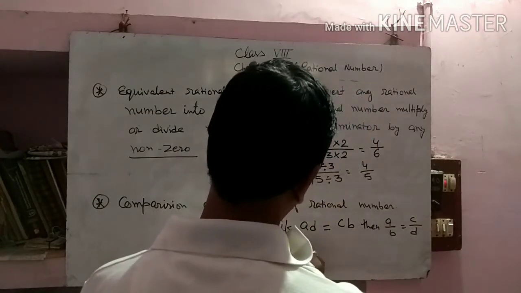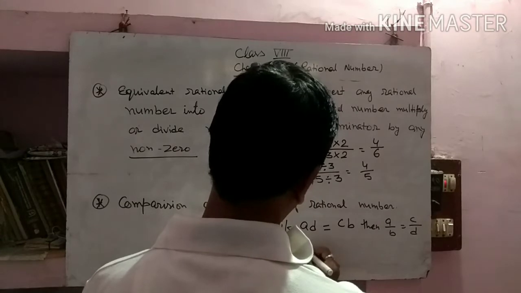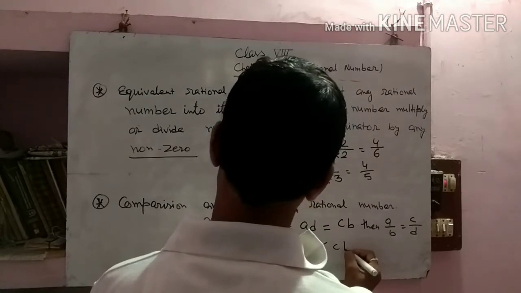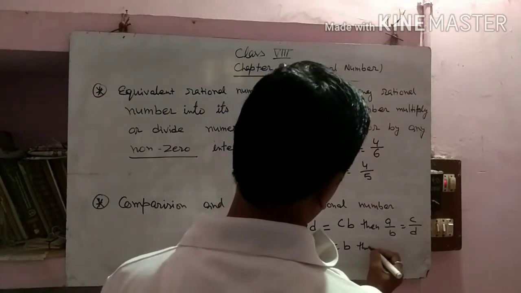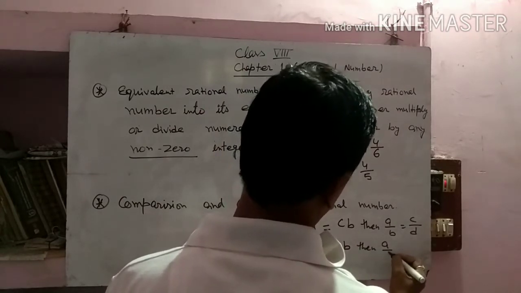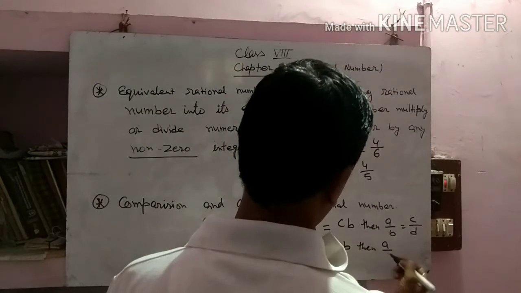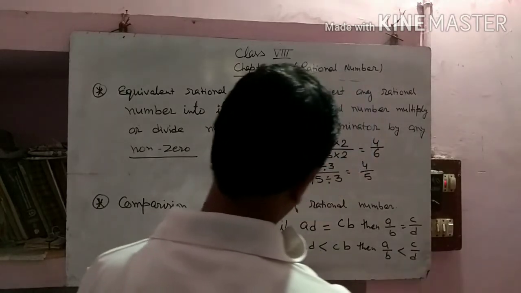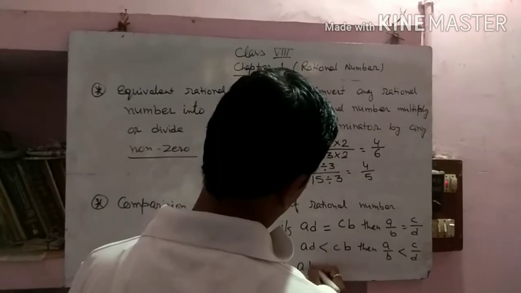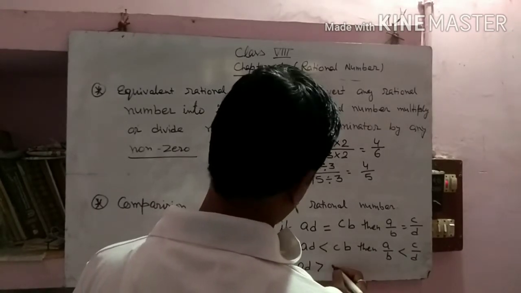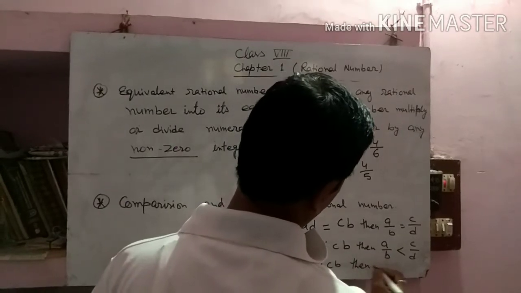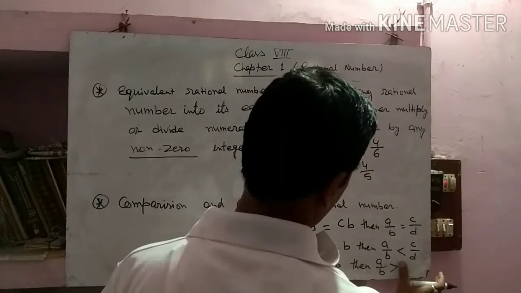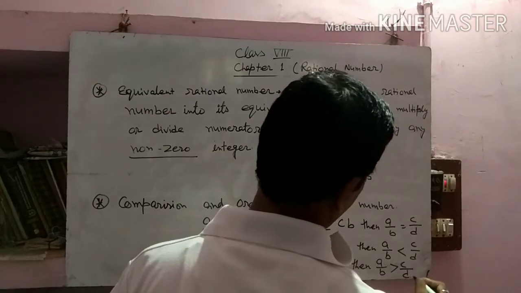If A into D is smaller than C into B, then A by B is smaller than C by D. If A into D is greater than C into B, then A by B is greater than C by D. Okay?